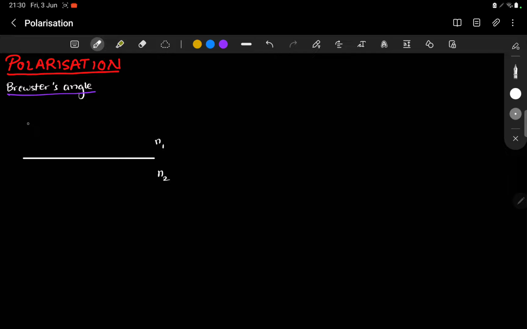So we have an incident ray, and let us draw the normal to this incident ray. Then we will have a reflected ray, somewhat like this, as well as a refracted ray. So there will be refraction as well.